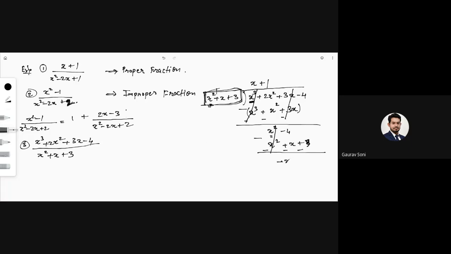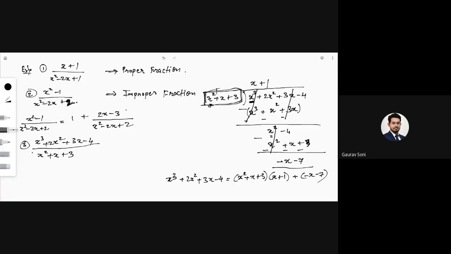You have minus x, minus 4 and minus 3 will become minus 7. Look, now I cannot divide. The remainder has a lesser degree than the divisor. So in this case, what have I got? x cube plus 2x square plus 3x minus 4 is equal to x square plus x plus 3 into x plus 1 plus the remainder minus x minus 7.